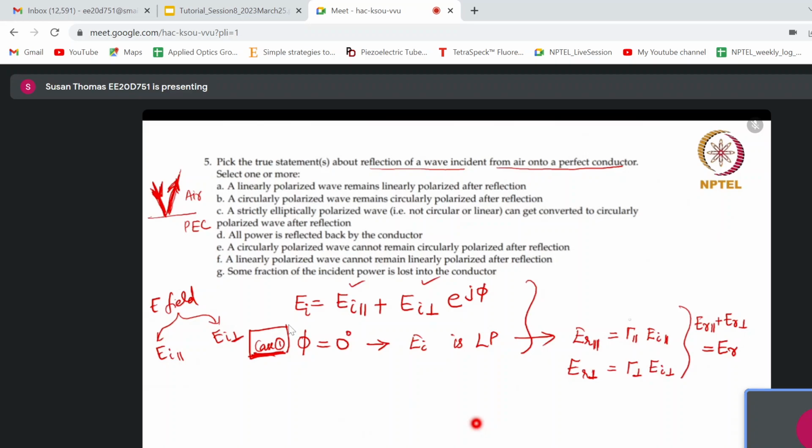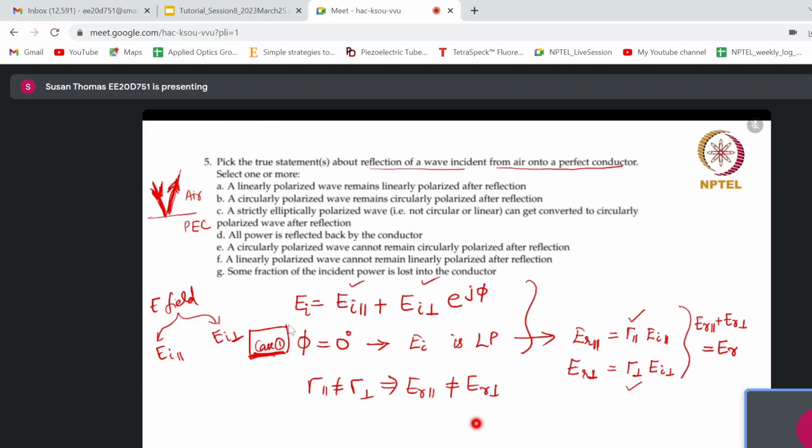Here the question is, are gamma parallel and gamma perpendicular the same? No. Gamma parallel is not equal to gamma perpendicular. Therefore, ER parallel will never be equal to ER perpendicular. So, if EI is linearly polarized, then ER will also remain linearly polarized.